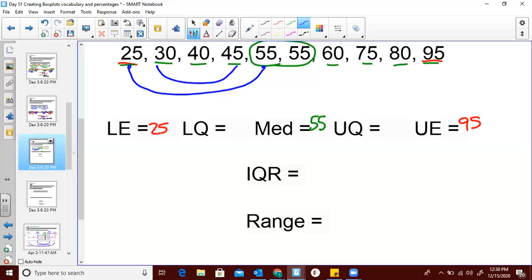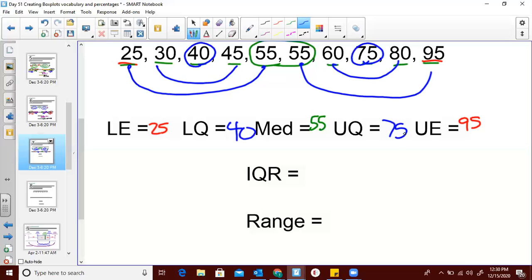And that makes it nice because when you are using part of your median, your lower quartile is always just going to give you one value. And again, we're going to use the other half of it to find our upper quartile or third quartile, which is just 75.